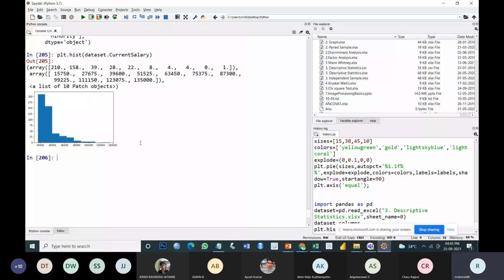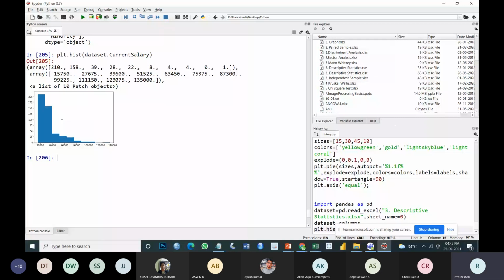If the peak is on the left hand side, it is positively skewed. If the peak is on the right hand side, it is negatively skewed. If it is in the center, it is normal distribution. So histogram is a frequency distribution of the data.